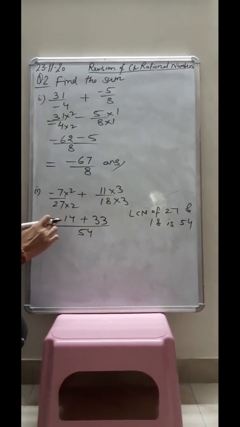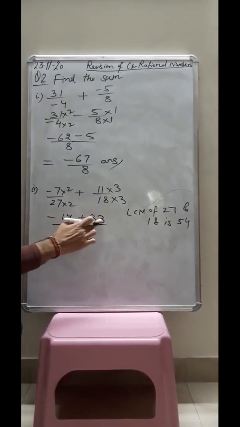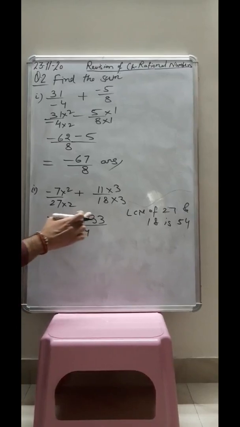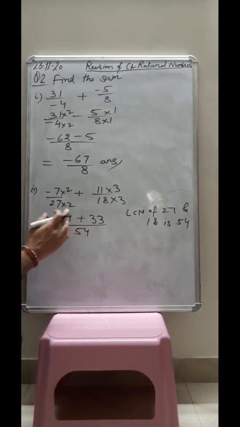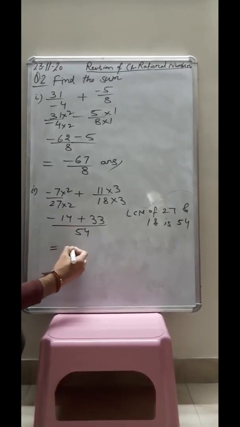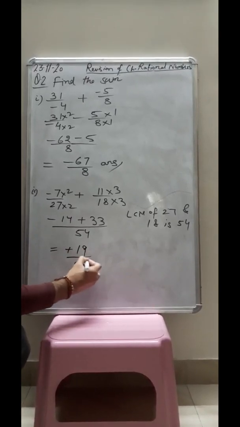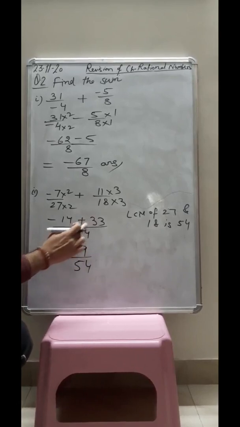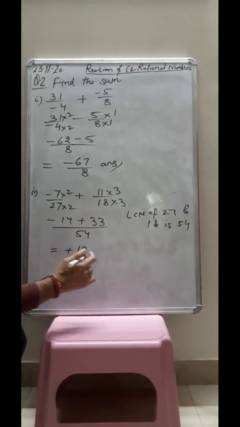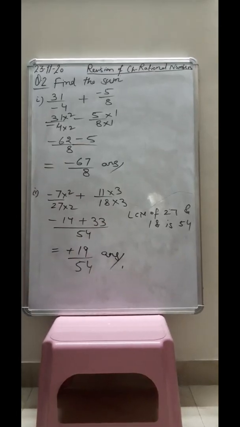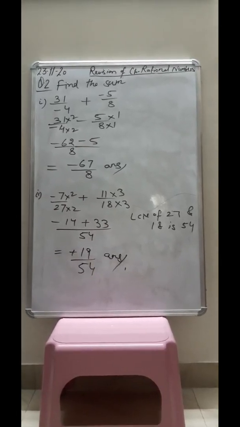This is negative, minus 14, and this is plus 33. Plus and minus, but the answer will come in the greater sign, that is plus 19 upon 54, because the greater is in plus. So in this way we can add the rational numbers.